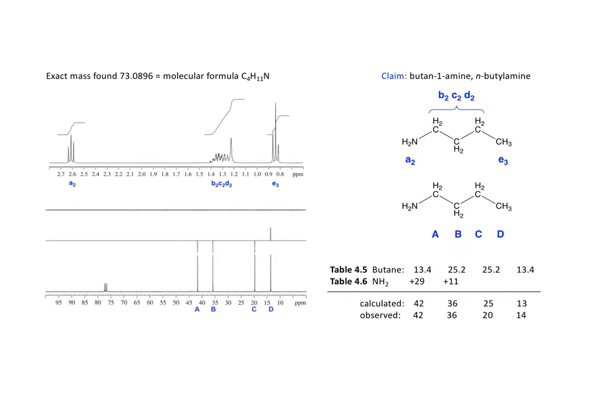This was an exercise from the proton spectrum where we could make a claim of butan-1-amine, or common name butylamine. However, the proton spectrum allows us to really only assign the triplet A2 for the primary amine and the triplet E3 for the terminal methyl group.